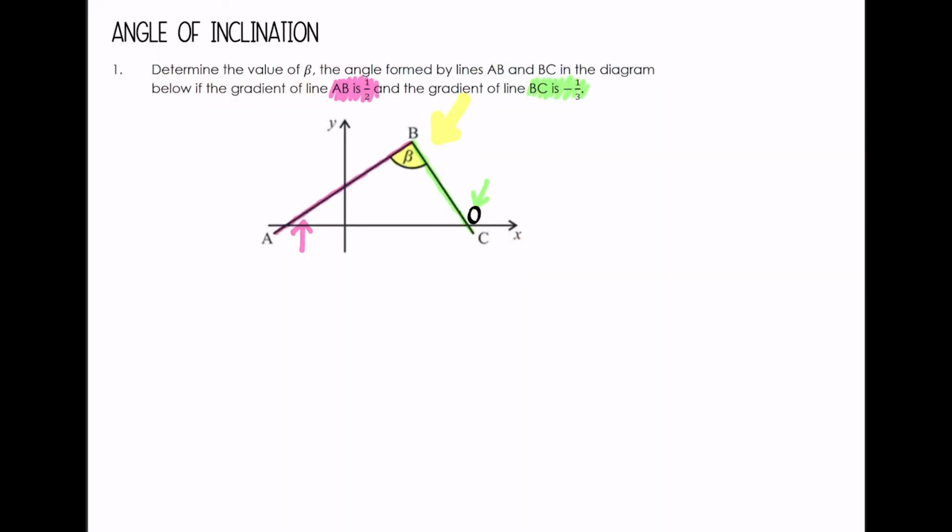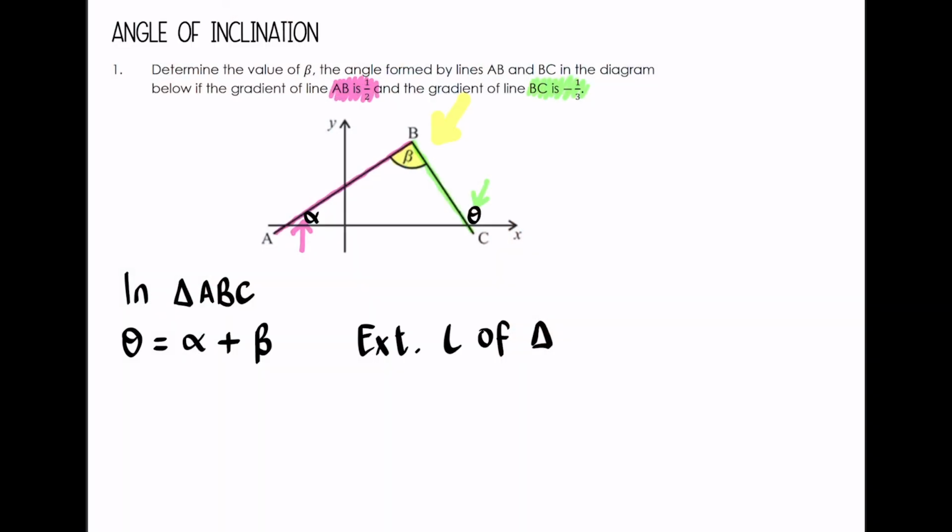If I label this over here as theta, and I label that over there as alpha, then I would be able to say that in triangle ABC, theta is equal to alpha plus beta. Why? Because it's the exterior angle of the triangle. So that means that I can calculate alpha, I can calculate theta, therefore I can calculate beta.